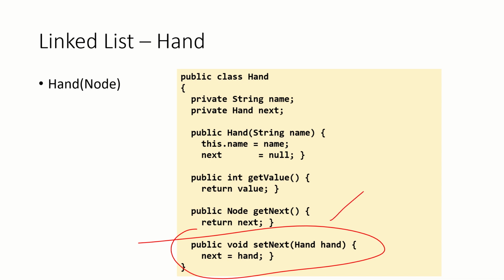So in the set next, you know the parameter has to be hand, right? Because our property next, the data type is hand. So for the parameter, you need to use hand, right?